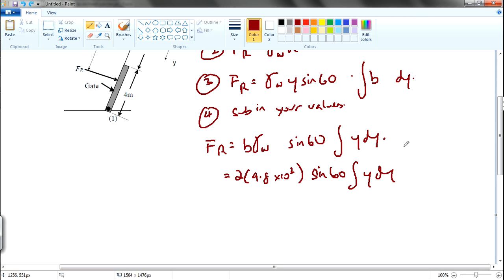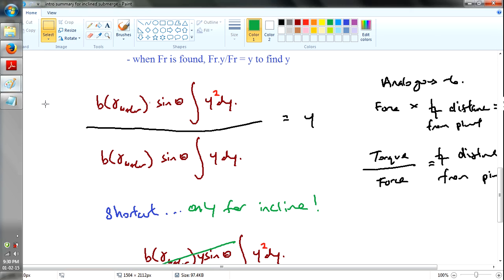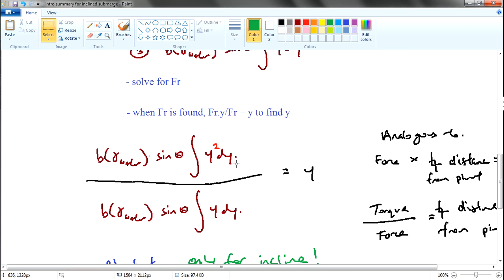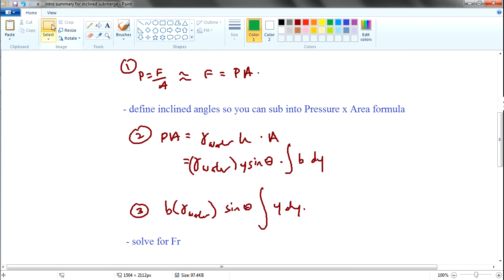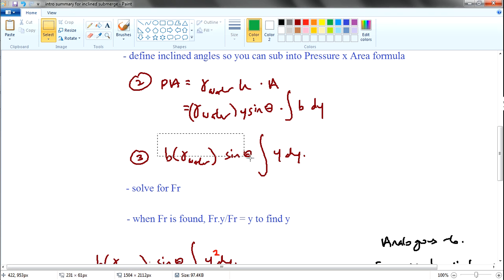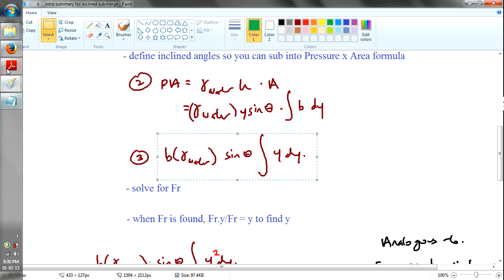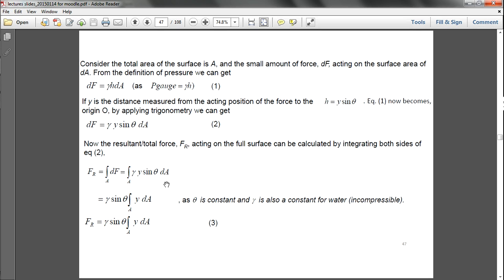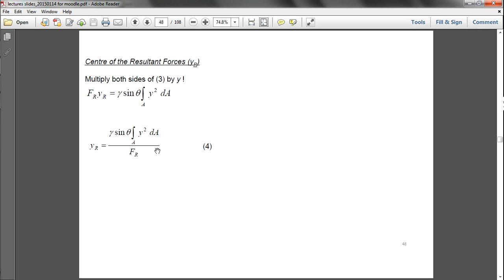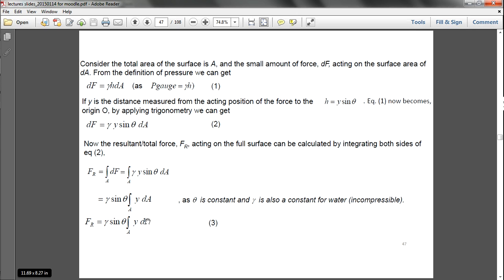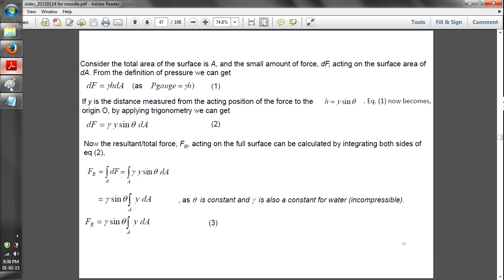Now the portion we didn't talk about is setting the limits for y, because just now we were dealing with the general equation. So far you can see that the general equation for finding the resultant force is this formula, which is also given in your notes, page 47.